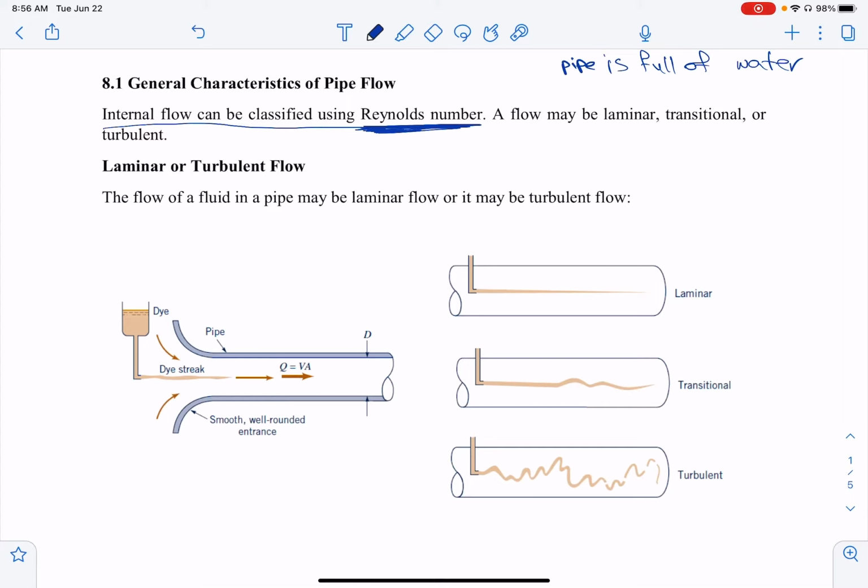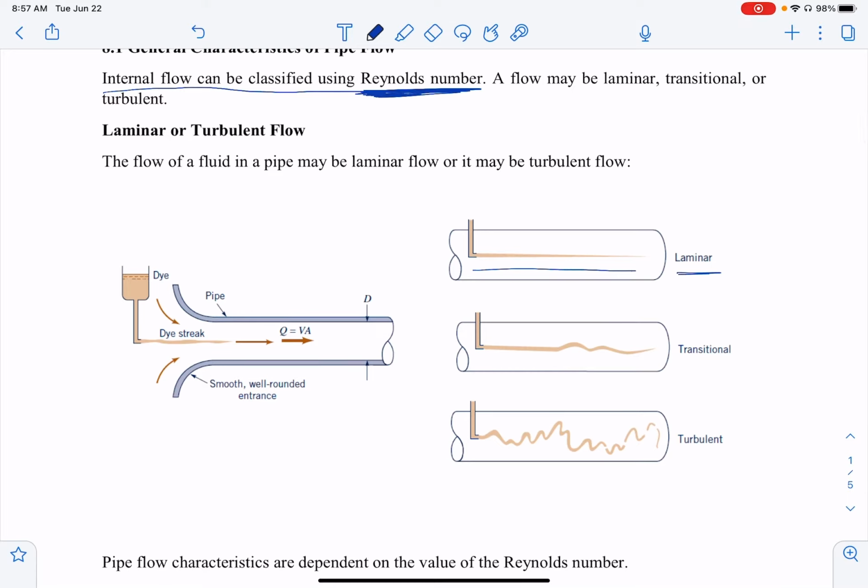Reynolds injected dye into a pipe in which water flowed due to gravity. If the fluid particles flow in a smooth path like this one, then we call it laminar flow. Laminar flow is just a smooth path in layers, with each layer moving smoothly past the adjacent layers with little or no mixing. So this is why we call it laminar flow.